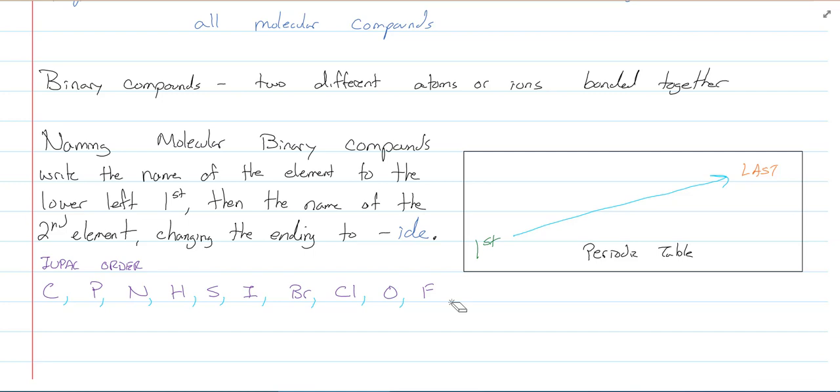Sometimes it depends on how you write it, because once we learn how to bond these things, which we'll do relatively soon, in the next chapter, sometimes we write them how they're bonded versus the IUPAC order.